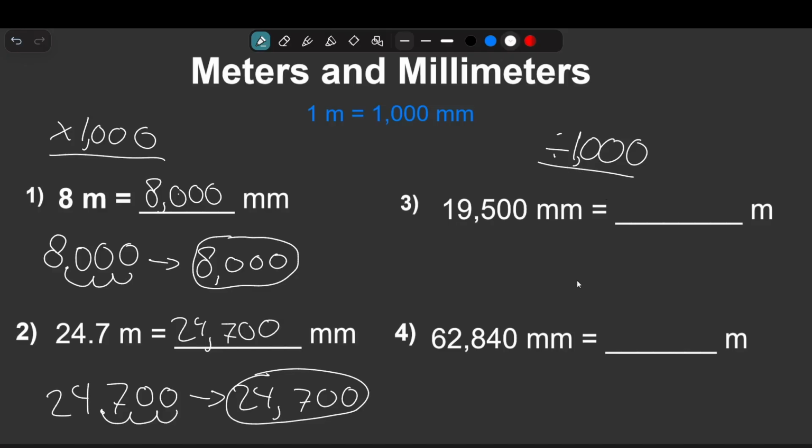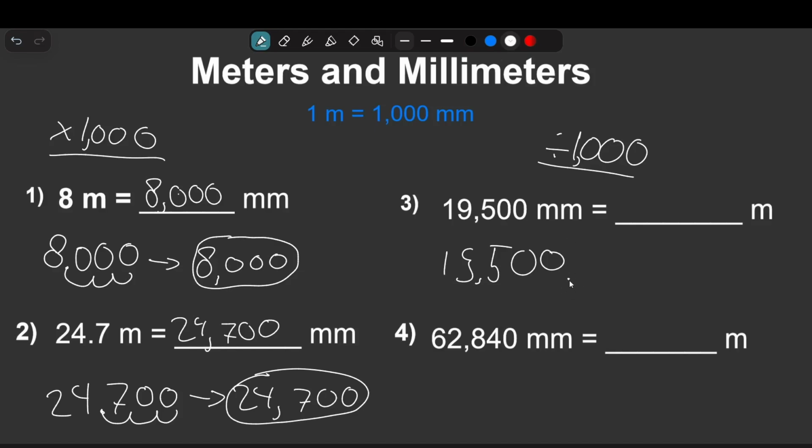It's the exact same method we used for our multiplication, but we move the decimal the other way. So we have 19,500, and we're going to move our decimal to the left 3 times.